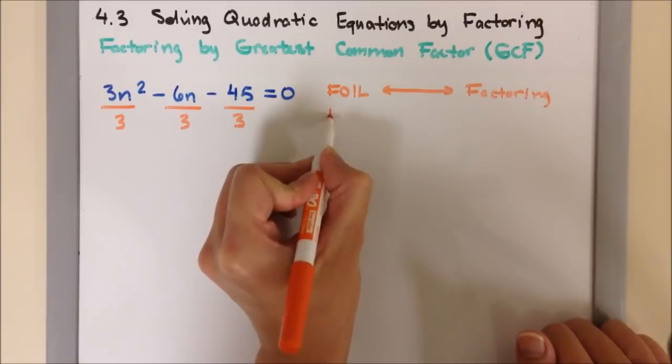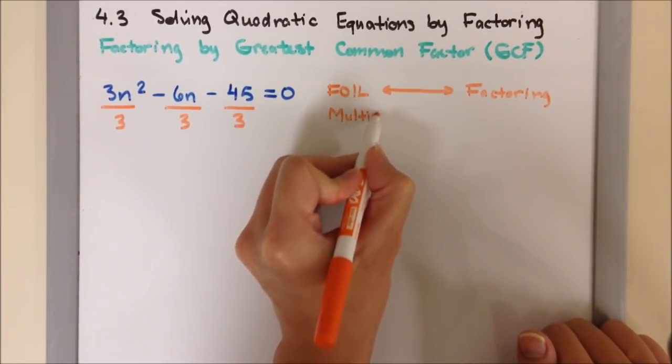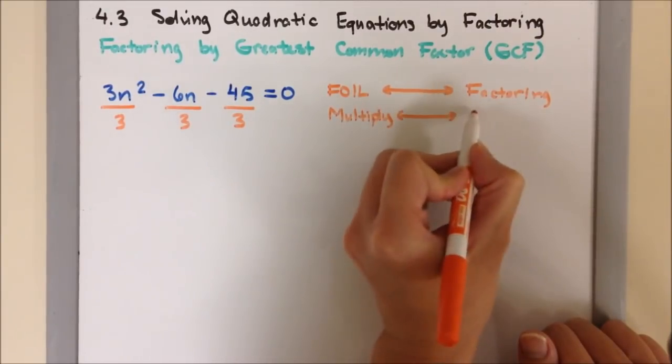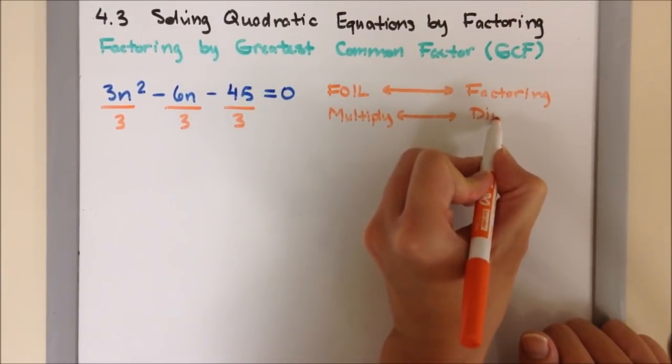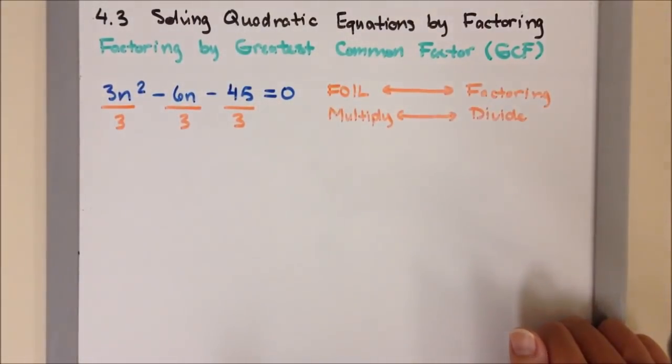So remember, FOIL is multiply, which is the opposite of divide. So again, with FOIL, you have to multiply. While you're factoring, you're dividing.